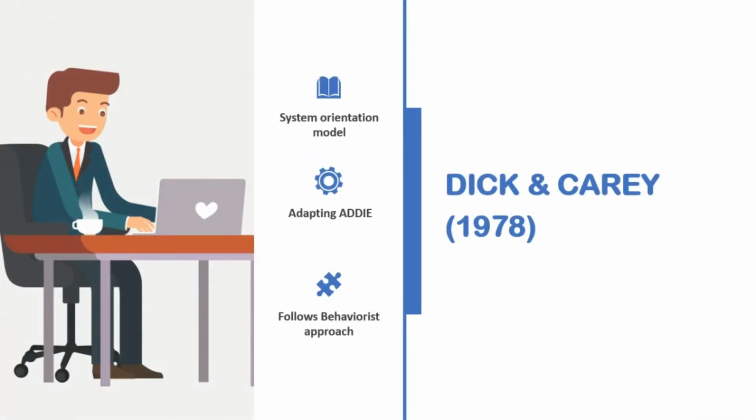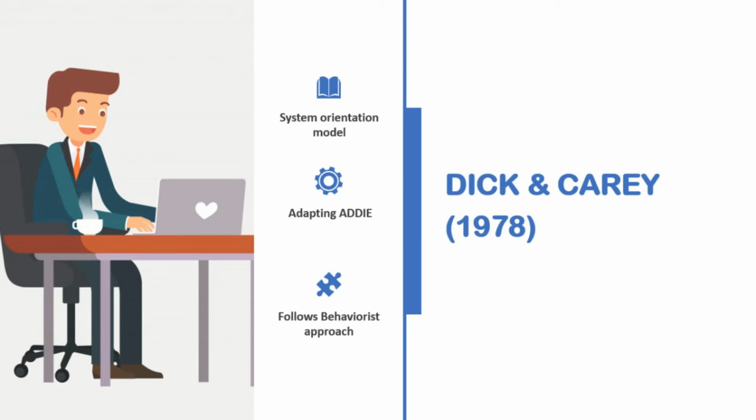Next is Dick and Carey. The Dick and Carey system approach was developed by Walter Dick and Lou Carey in 1978. This model utilizes a system approach in which each part of the instructional design process is viewed as interconnected as a unit instead of being viewed as individual components.